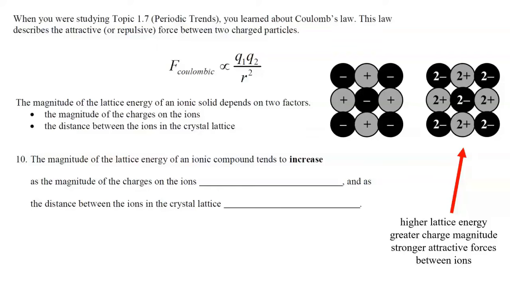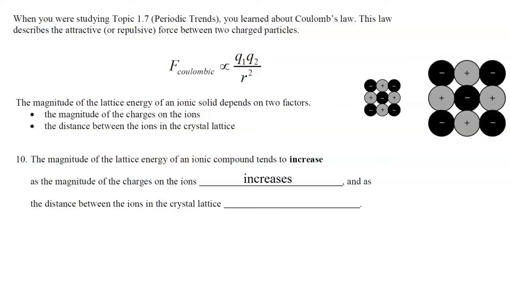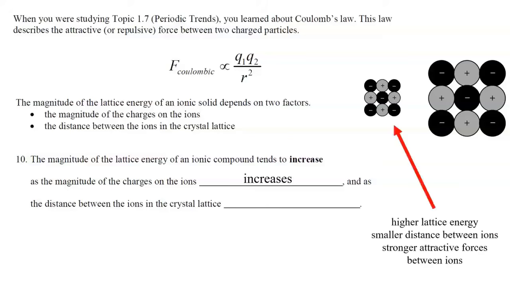That is the numerator, Q1 and Q2, in Coulomb's law, the magnitude of the charges on the ions. Now, with respect to the distance between the ions in the crystal lattice, smaller ions are going to be closer to each other, so a smaller distance between them, and larger ions are going to be farther apart. The smaller distance would be a greater attraction between the ions.